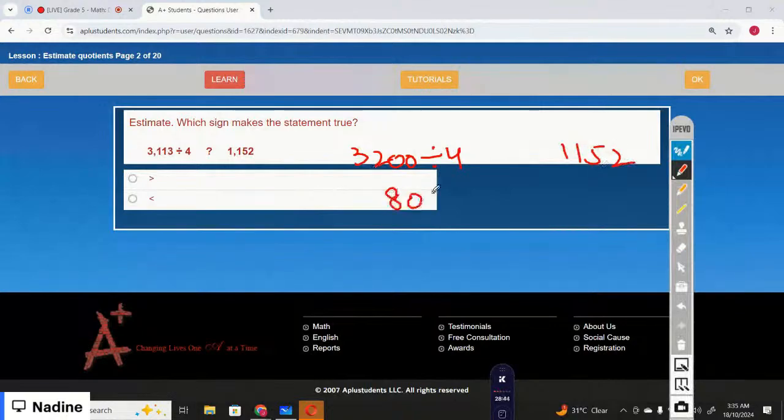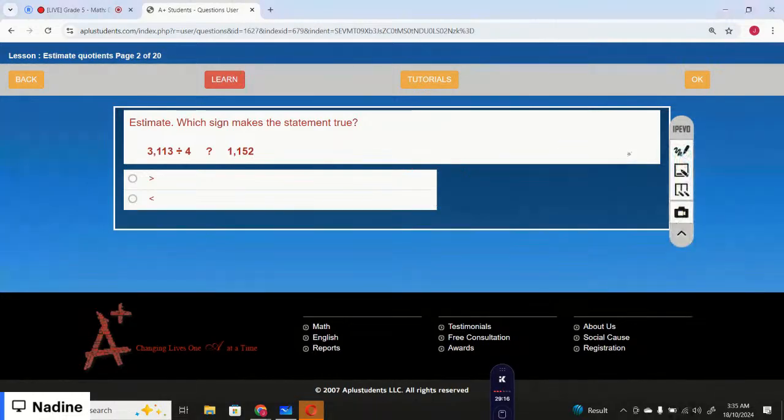So 4 times 8 is 32, that is 800. 800 is less than 1152. That is less than, option number 2 is the correct option.